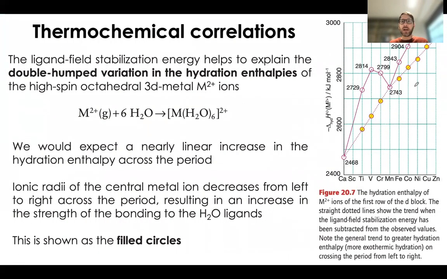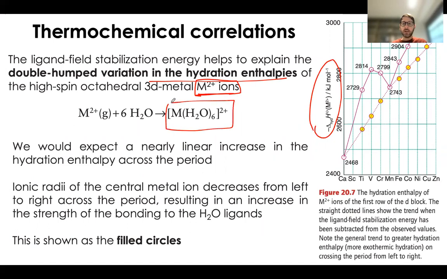In addition to this, another application is that the ligand field stabilization energy also helps to explain some trends in thermochemical correlations. If we take a look at the hydration enthalpies of several M2+ ions for the 3d series, we can see that the variation in the hydration enthalpy leading to the formation of this octahedral complex has this double-humped variation.